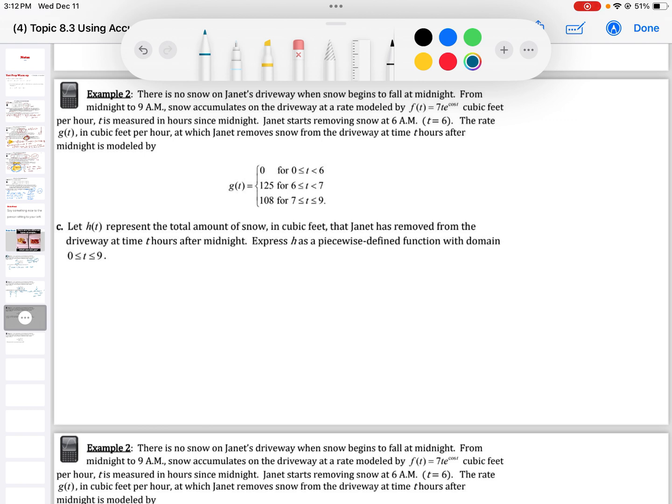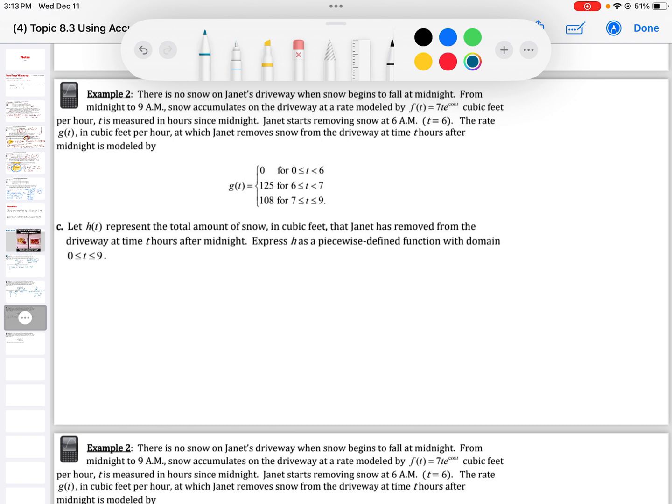This is what I'm nervous for. C. Let h of t represent the total amount of snow in cubic feet that Janet has removed from the driveway. All right. Does this have anything to do with the amount of snow coming down? I don't think so. As long as there's not a negative amount of snow on the driveway, this would be working, right?